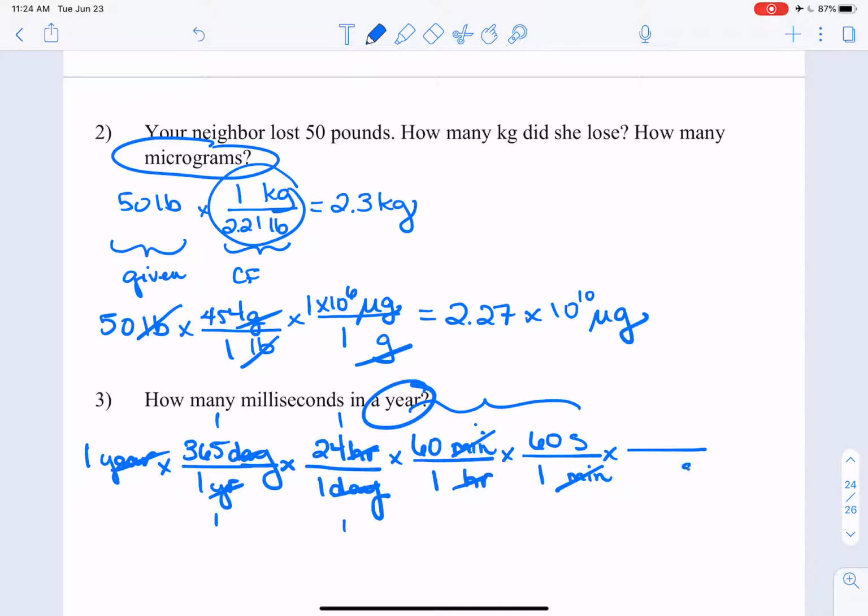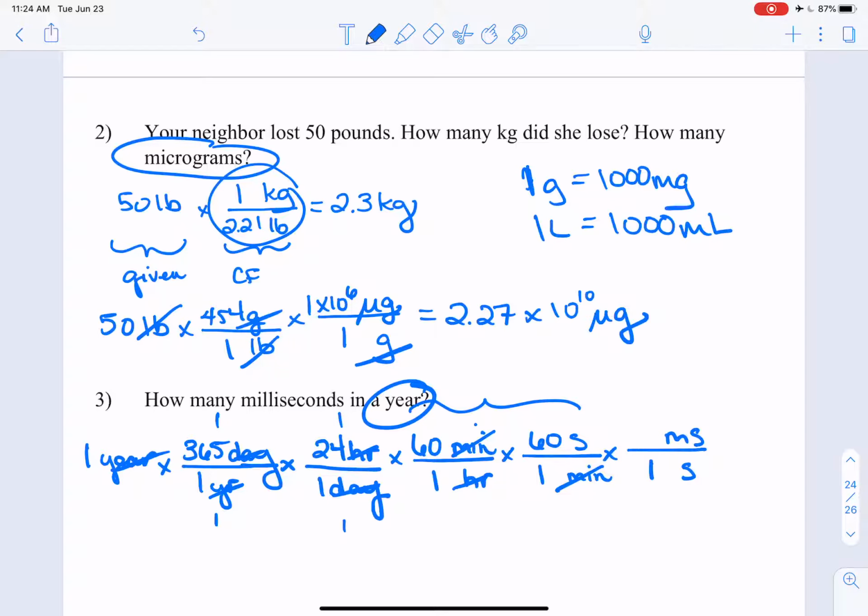And we want to get rid of seconds, and we want to get to milliseconds. Now, which one's the bigger unit? Milliseconds or seconds? Seconds. So we're going to want to put a 1 there. Now, how do we figure out how many milliseconds in a second? Well, if you have 1 gram, you're going to have 1,000 milligrams. And if you have 1 liter, you're going to have 1,000 milliliters.